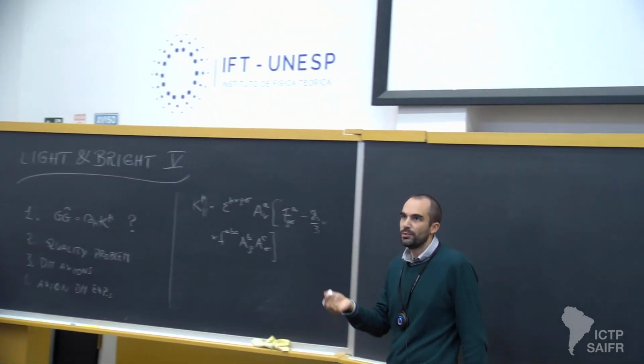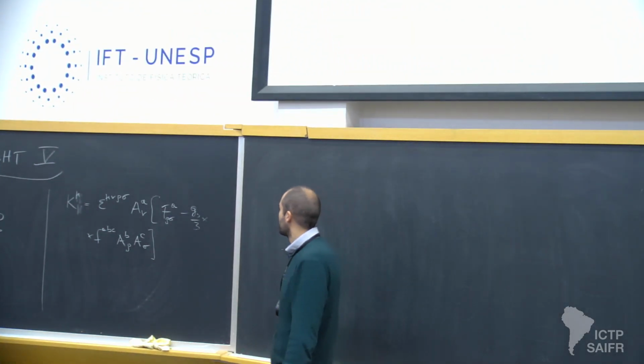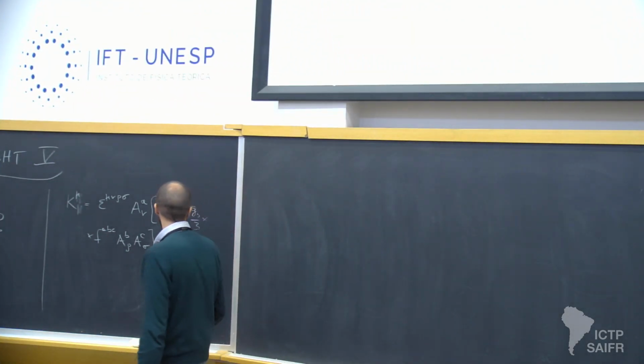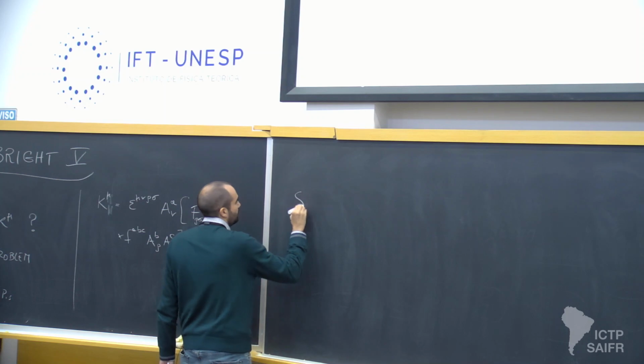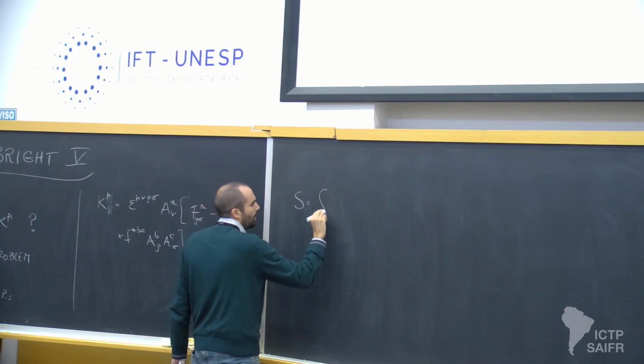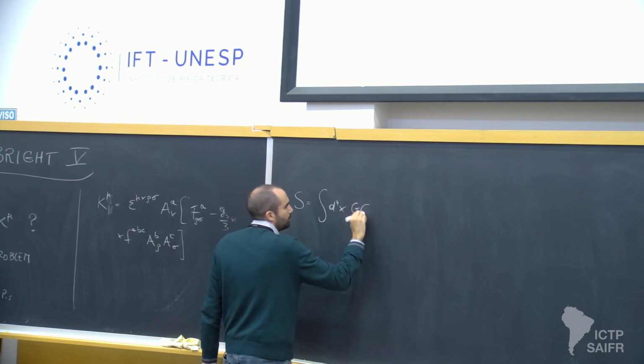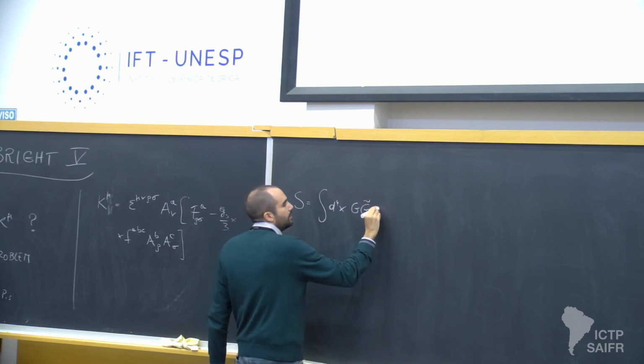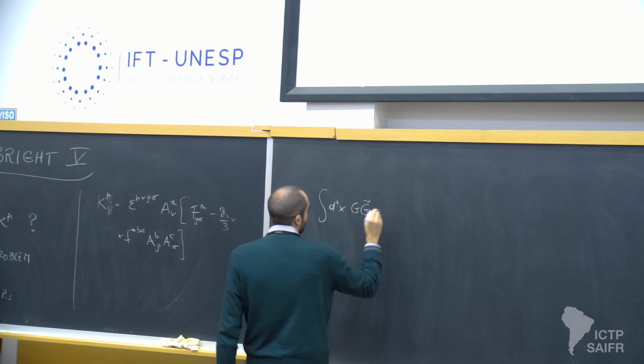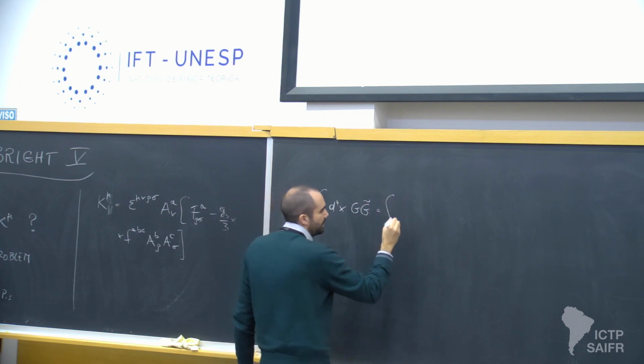So why do we say that total derivatives don't have a physical effect? Well, if you integrate this object, this divergence, you're going to get a surface integral now.